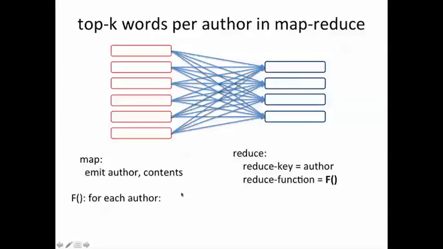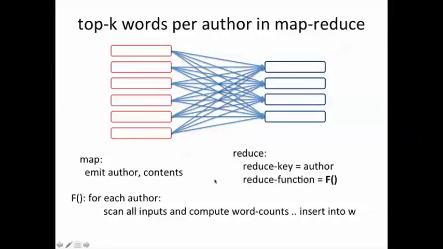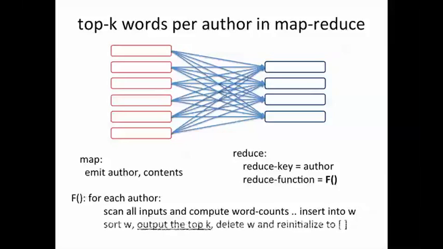For each author, this reduce function grabs all the elements in that reducer for that author, computes the word counts, inserts them into some temporary array W, sorts it, figures out the top K words for that author, deletes the W, and starts again for the next author.